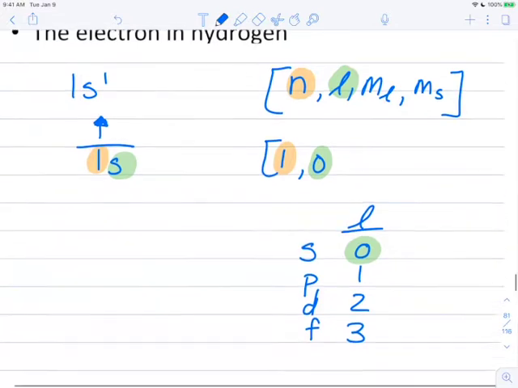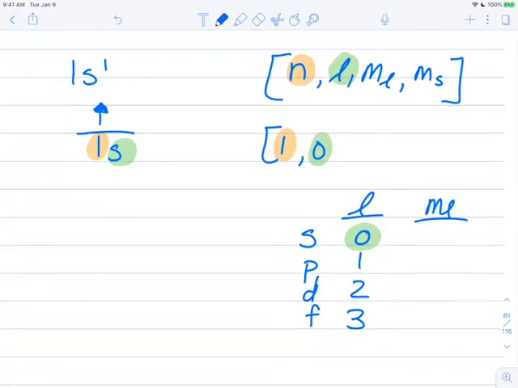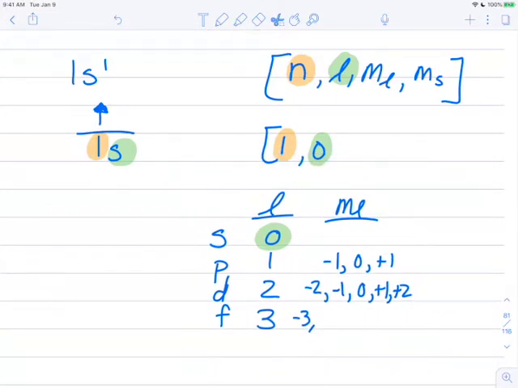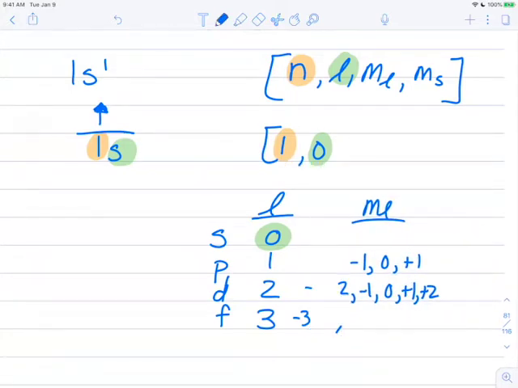All right, so next up is our M sub L. We said for P, it was -1, 0, and +1. For D, it would be -2, -1, 0, +1, and +2. And then for F, -3, -2, -1, 0, +1, +2, and +3.